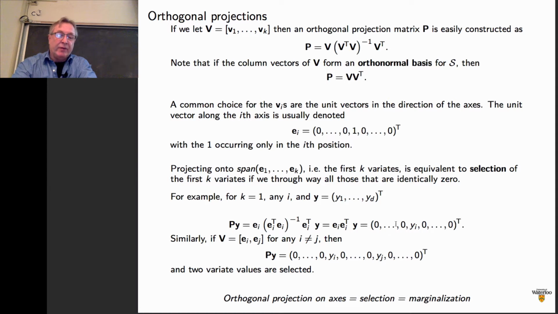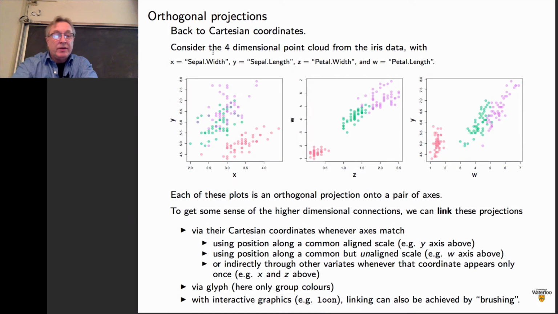Apply it and you'll find that the vector you end up with is a vector with all zeros except a value in the ith position and a value in the jth position. Okay? So that's how we're going to pick things off, just by picking particular projections. Every one of these is just a different pair of values i and j.